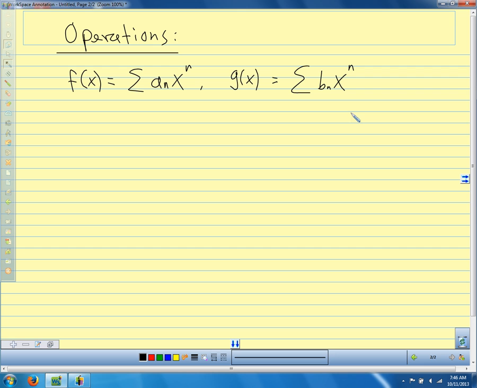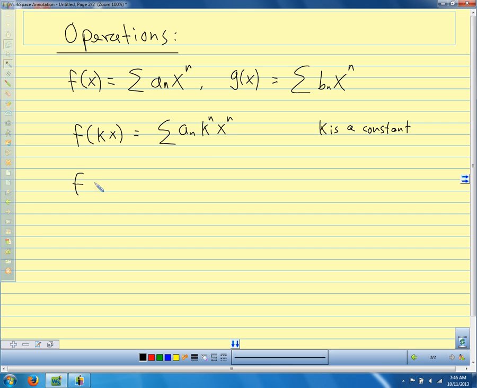Same concept. We can multiply x by a constant, so f of kx equals the sum of a sub n, k to the n, x to the n. And k is just a real constant. So we can multiply by a constant, and our power series representation would be given by this expression.